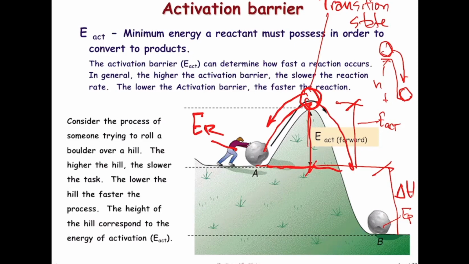Now, this right here is an exothermic reaction. It can also occur for an endothermic reaction. We can have a boulder that looks like this, and then that would be the product right here. So you still need to climb this activation energy. The activation energy is still that hill that it has to climb, but now the energy of the product is this difference right here.